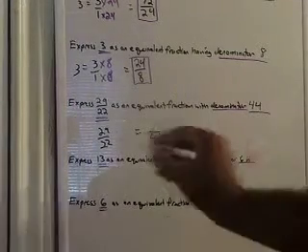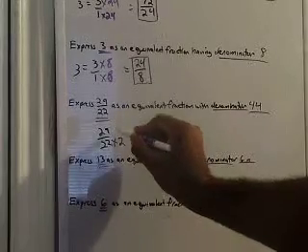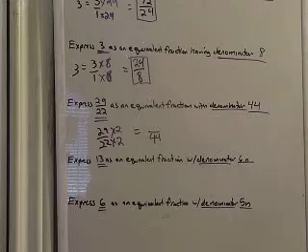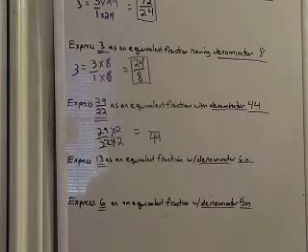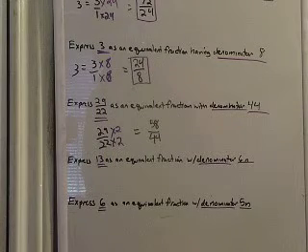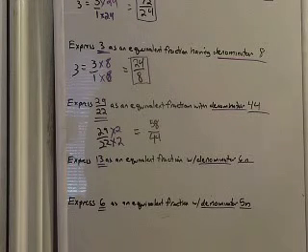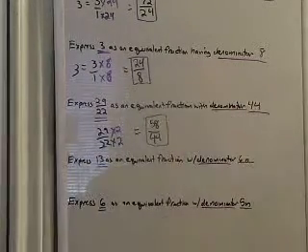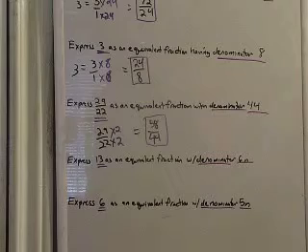Well, 22 times 2 equals 44. So then what is 29 times 2? 58. So the equivalent fraction to 29 over 22 with the denominator 44 is 58 over 44. Okay, so far so good.